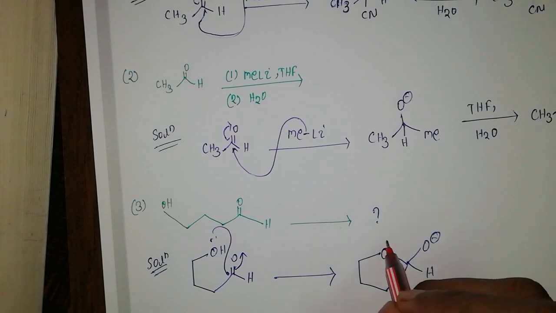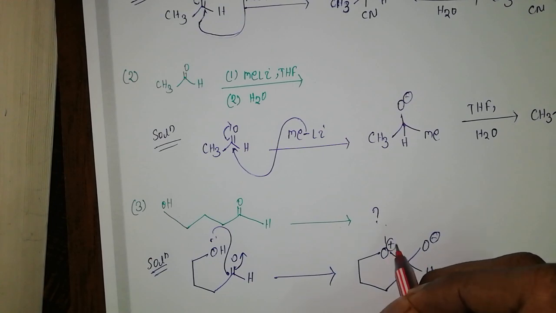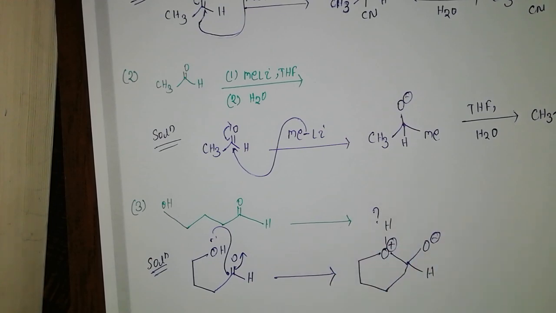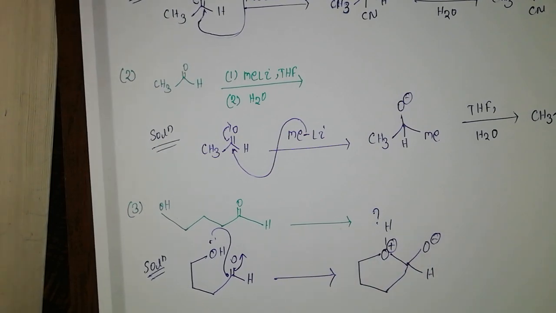As the oxygen gives its lone pair, it has a positive charge and it also has the H. We know that a more electronegative atom having a positive charge is highly unstable.